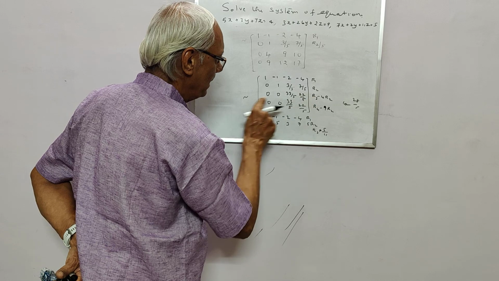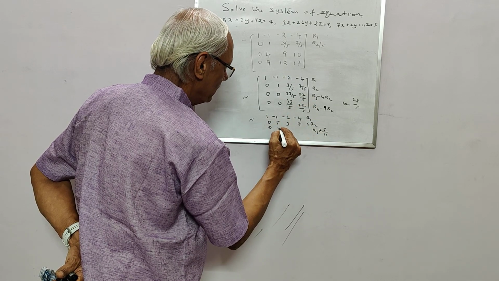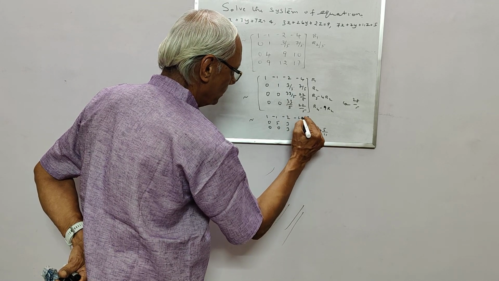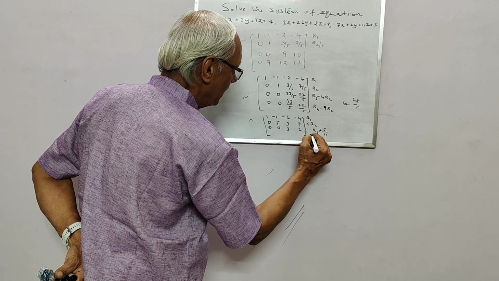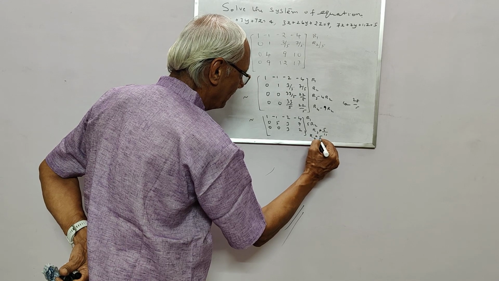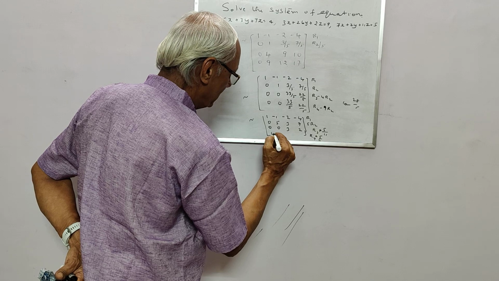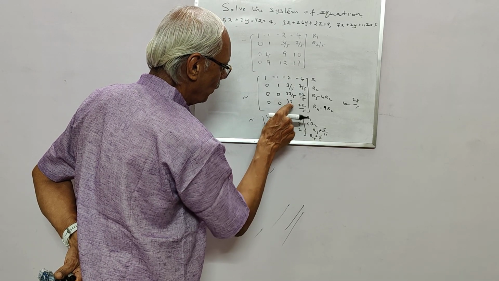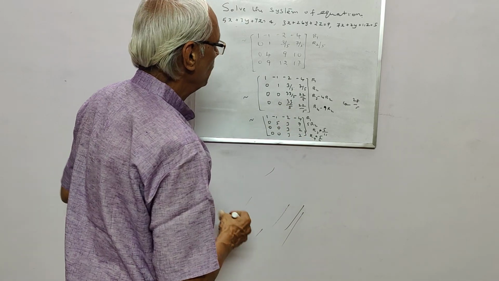Multiply R3 by 5 and divide it by 11. So what will you get? 0, 0, 3, 2. This is your R3. Then R4 into 5 by 11. So this will be 0, this will be 0. Multiply this by 5, 5 and 5 will go off. Divide it by 11. So you will get 3 and 2. So this is what you will get.